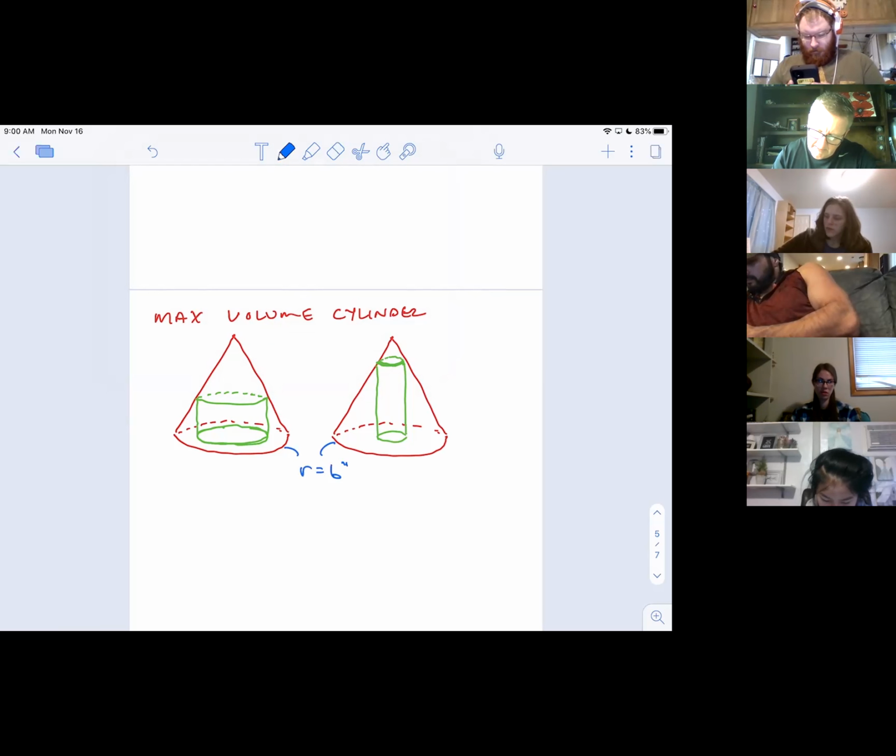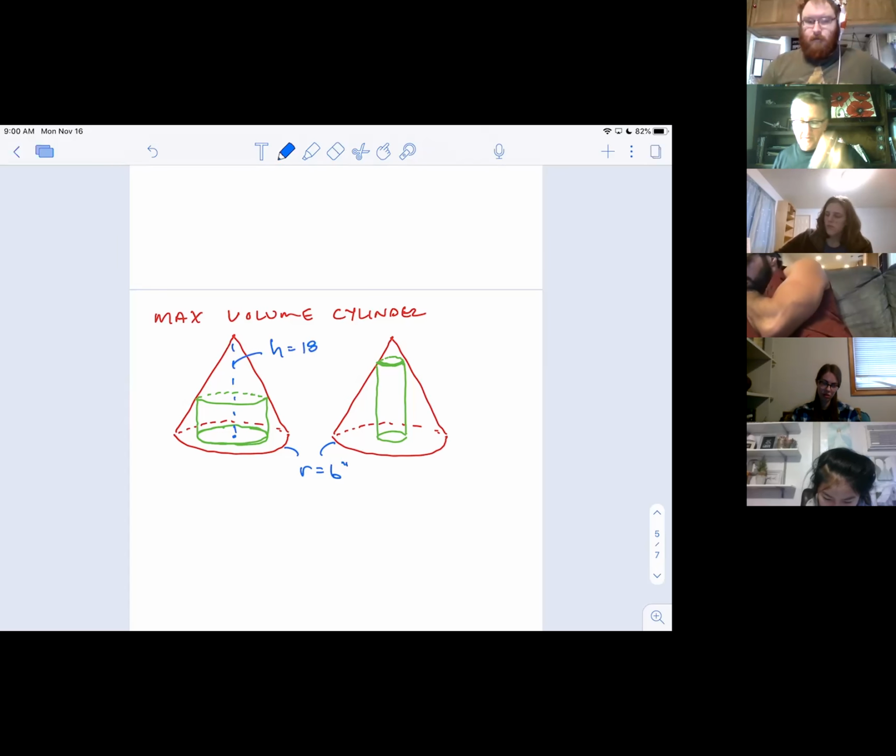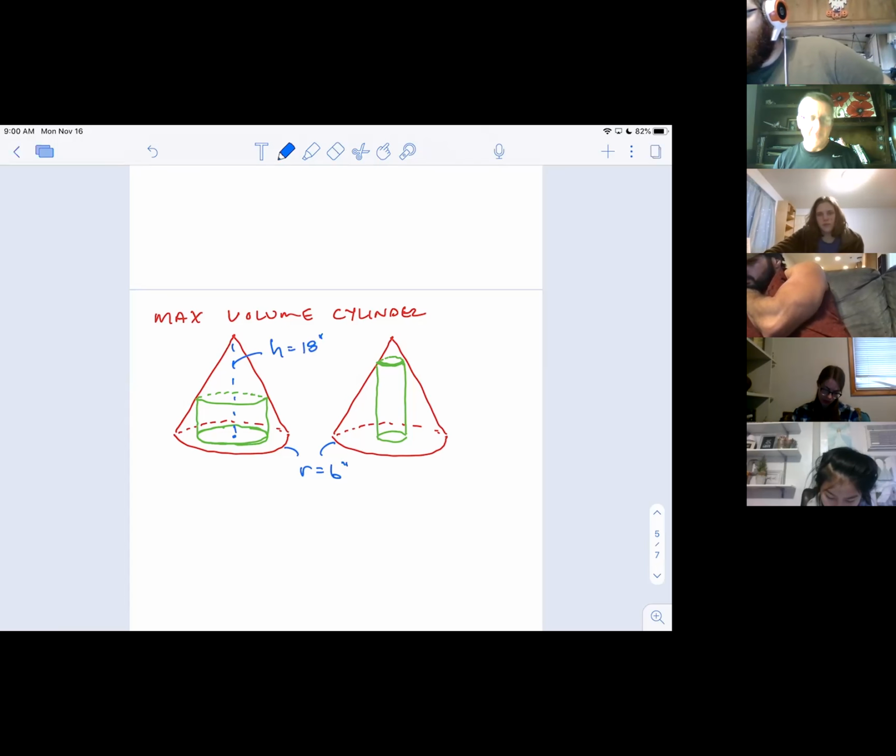Let's make its height 18. The radius of the bottom of the cone. Yeah, the cone. Okay. So the height of the cone is 18 inches and the radius of the cone is 6 inches. And so that's the constraint.